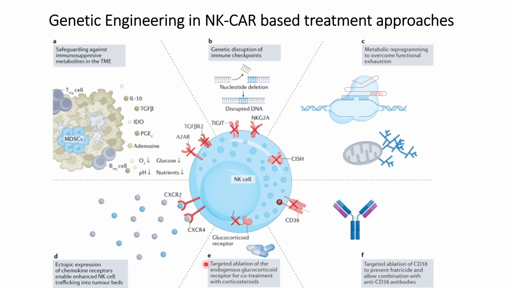Similar to this, one thing that can be done is disrupting the glucocorticoid receptors. By disrupting these receptors, it will prevent NK cell suppression. This is kind of similar to what we discussed in metabolic reprogramming.